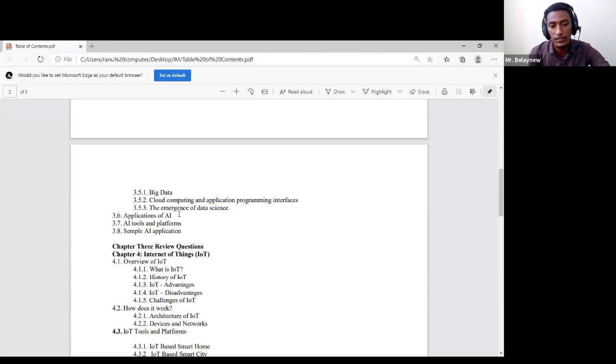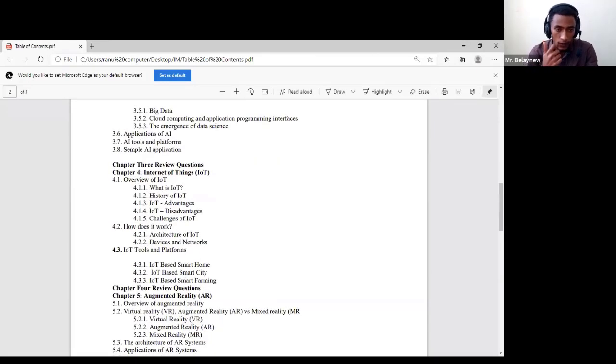Okay, how to design or develop a simple AI application, and so on. So we will discuss all of this in chapter 3. The other one, in chapter 4, we will discuss IoT or Internet of Things. What do you mean by Internet of Things or IoT? IoT means interconnecting all objects which are found in the world using what? Using network, yes? Using network.